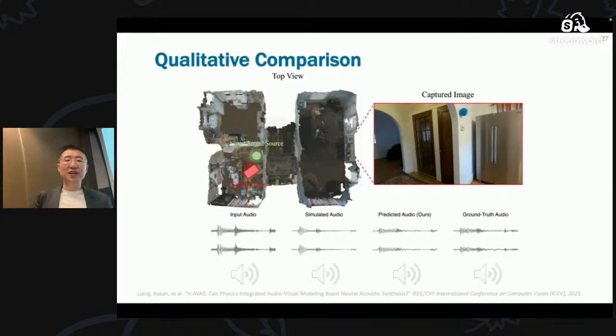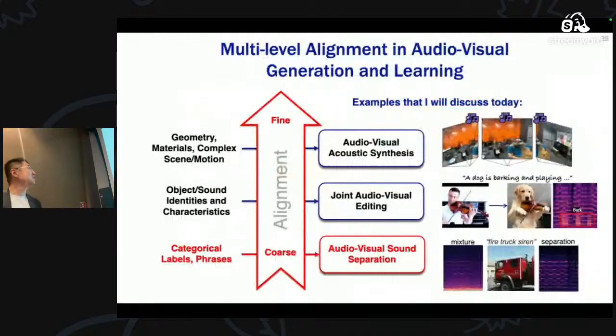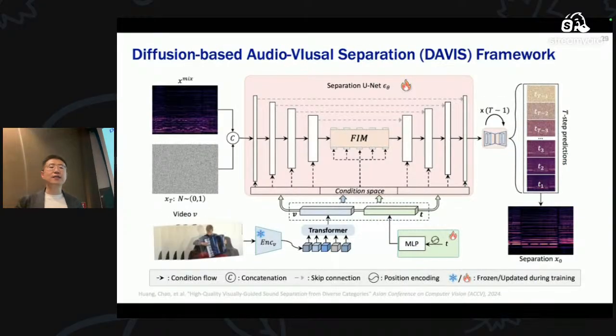So now this basically gives us this fine-level alignment between audio and vision. You see they are coupled in 3D, with a lot of fun details: material, geometry. Now on the other end of the spectrum, we have very coarse-level matching, that is the visually informed audio separation.